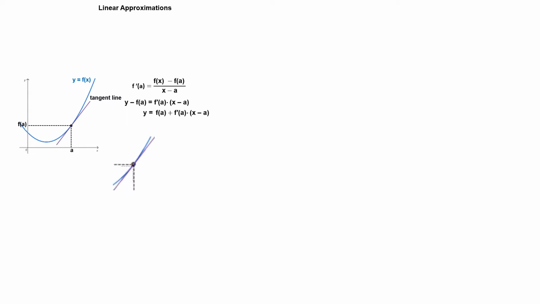In other words, for a brief moment, the function f of x is linear and stays near its tangent line, and we use the tangent line at x equals a as an approximation to the curve when x is near a. I denote a capital Y for the tangent line and a small y for the curve.